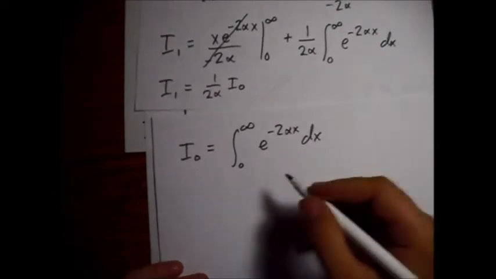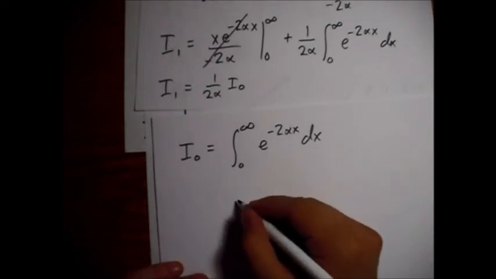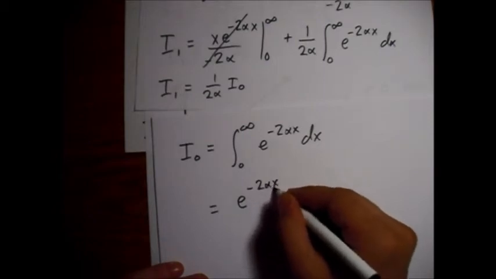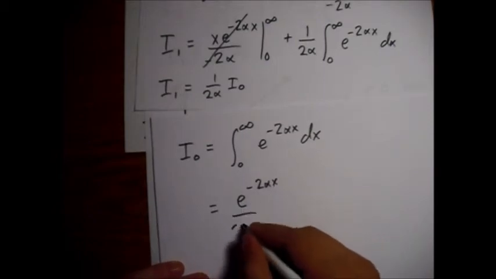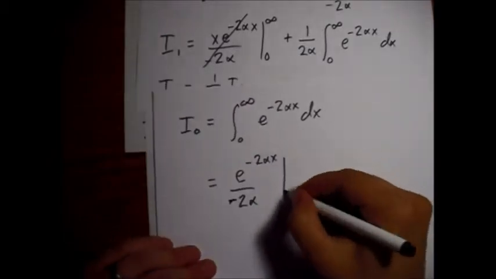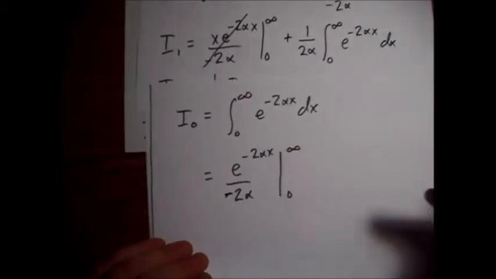All right, which we can just do finally. Just e to the minus 2 alpha x over minus 2 alpha, that's a minus sign, evaluated from 0 to infinity.